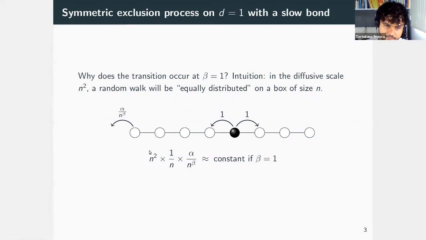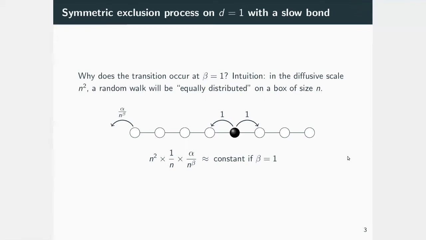Here's the time. 1 over n is the fraction of this time that the random walk spends close to the slow bond, in this site. And alpha divided by n to the beta is the rate at which it crosses the slow bond. So this is of order constant if beta is equal to 1. That's why beta equal to 1 is so special. Any question?